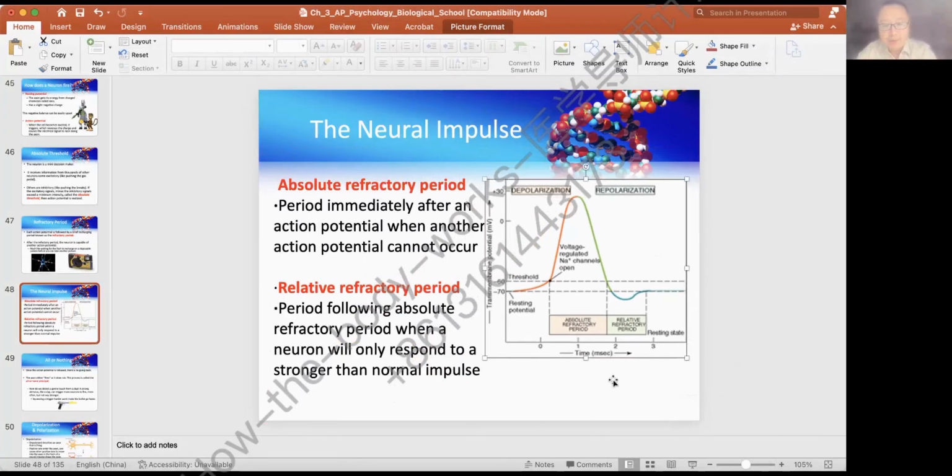So the depolarization and repolarization result from the influx and efflux of sodium ions and potassium ions.